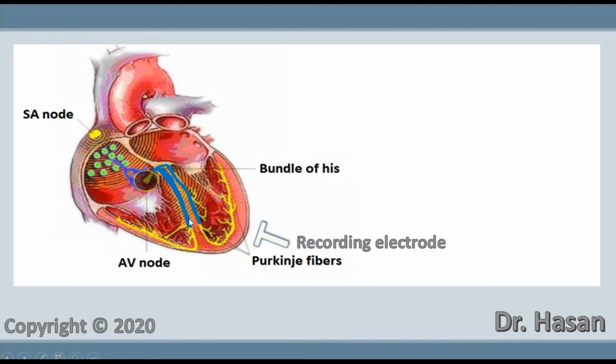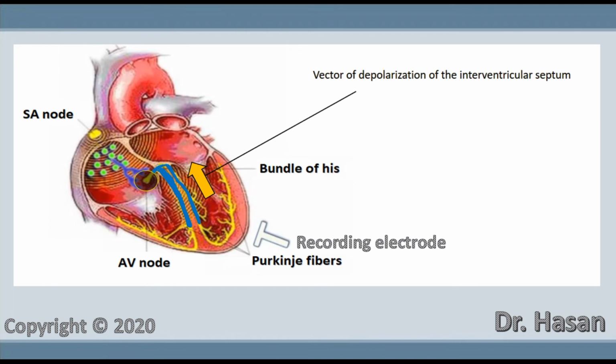Because of that, for the excitation of the interventricular septum, the excitation needs to turn in the opposite direction. The excitation vector of the interventricular septum is directed in the opposite direction. In this case, it is the Q wave, which is directed downward and shows the excitation of the interventricular septum.